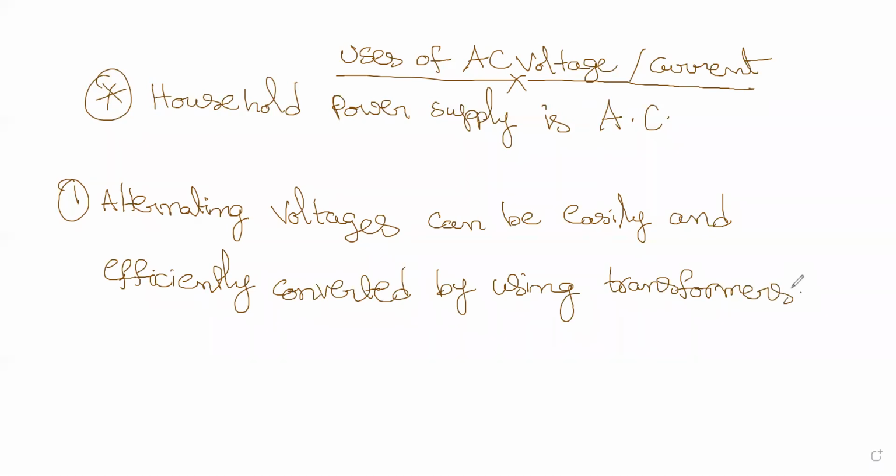By using transformers, alternating voltages can be easily and efficiently converted. This is the first part.